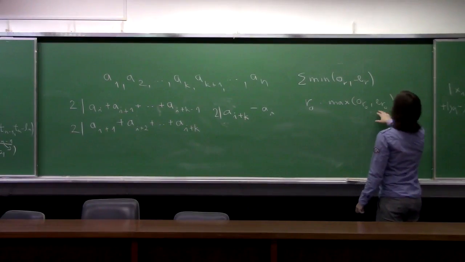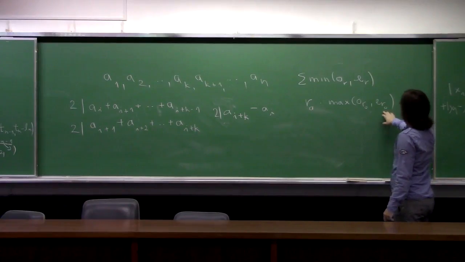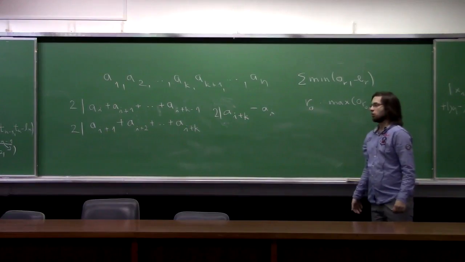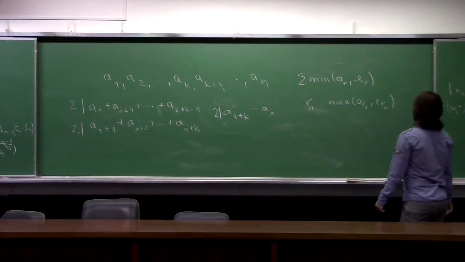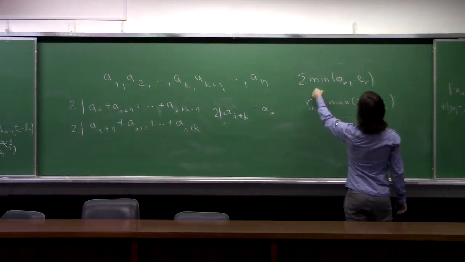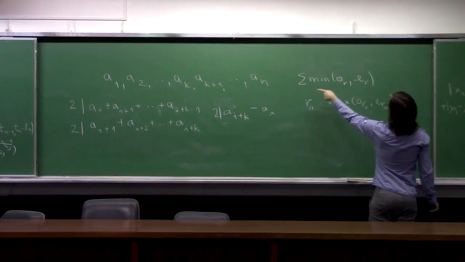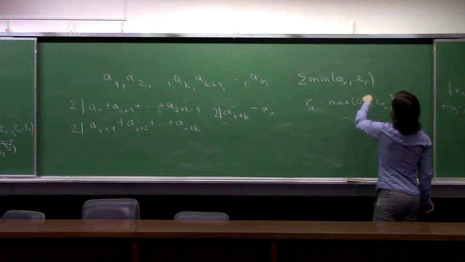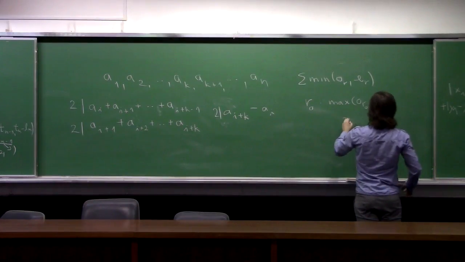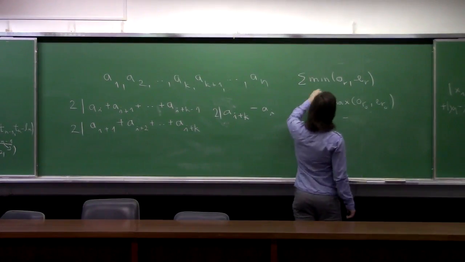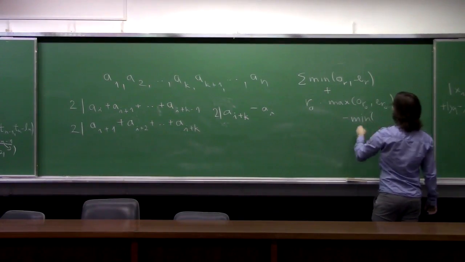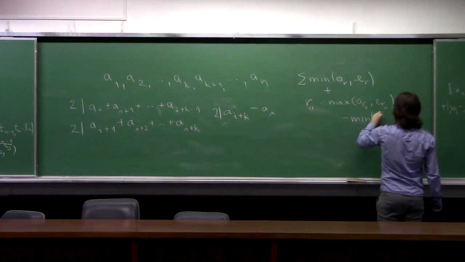And we just need to find out what's the optimal r0. We could, for example, loop over all of them, but it's also enough to realize that if we have everything in this sum equal to minimum of Or, Er, except for r equal to r0, then the answer is max of Or0, Er0 minus minimum.